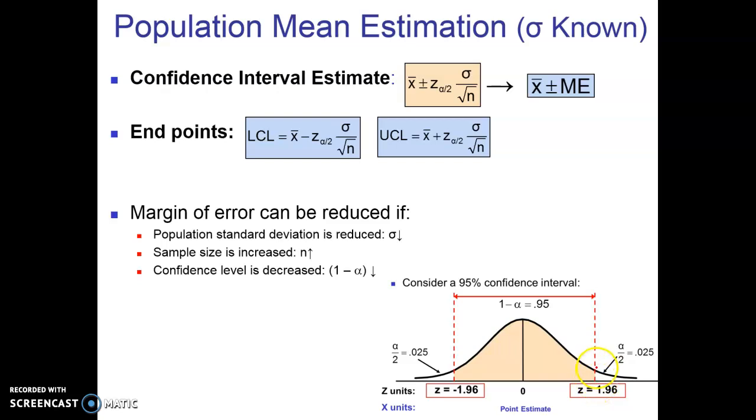Okay? Because all you have left is what's in the tail, which would be 0.025. So there is a 0.975 probability of getting a value from this lower tail all the way up to here. So that's what we're going to look for in our table, 0.975.